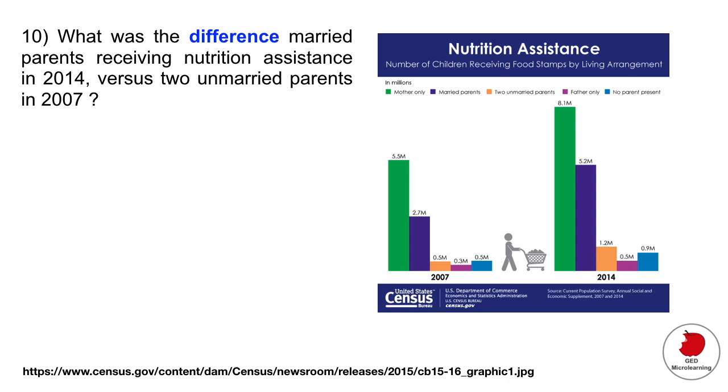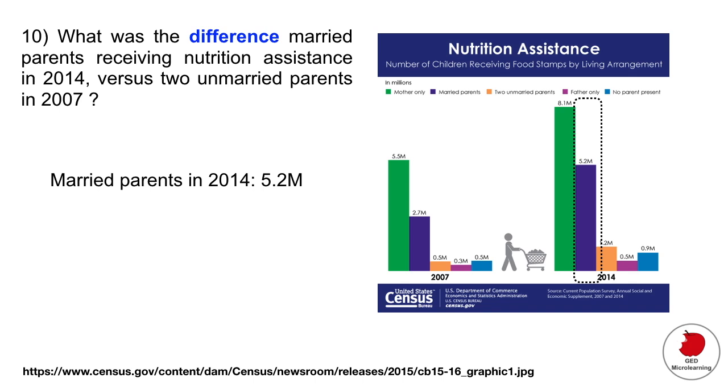So if we look at the bar graphs on the right, which represent 2014, and we look at the purple bar, which represents married parents, it tells you that married parents in 2014, 5.2 million received nutrition assistance.